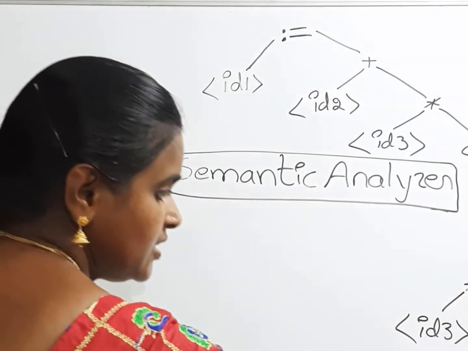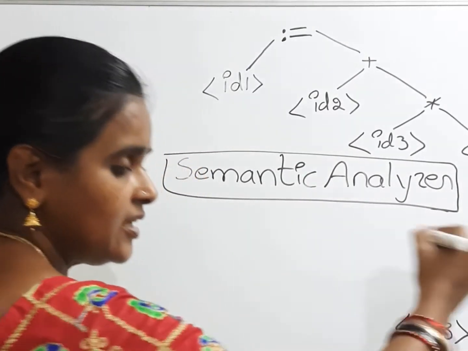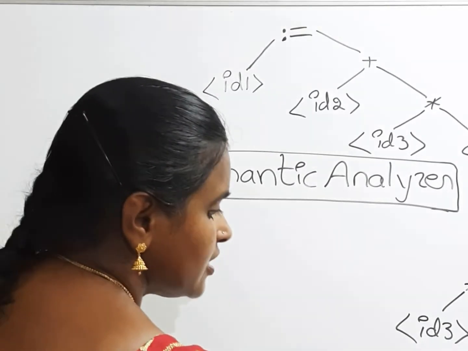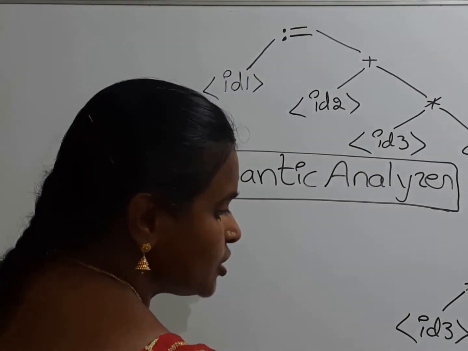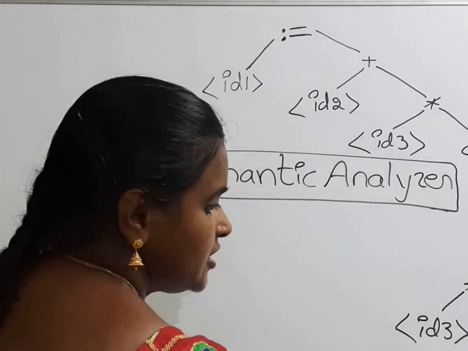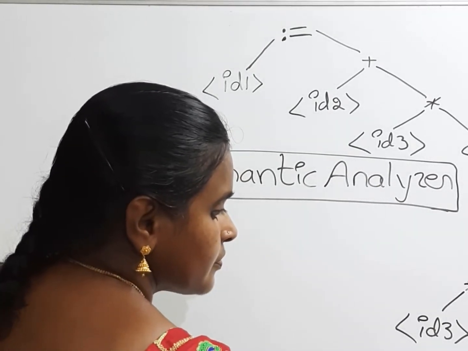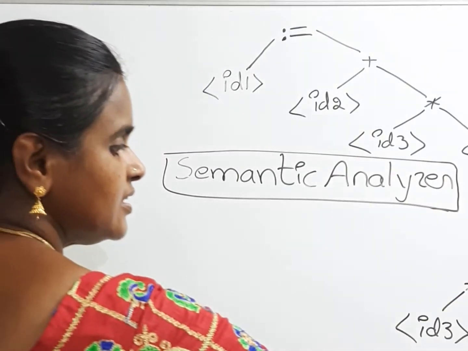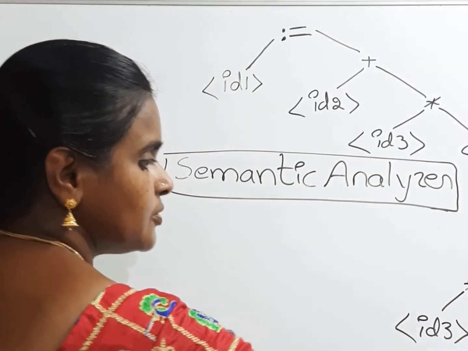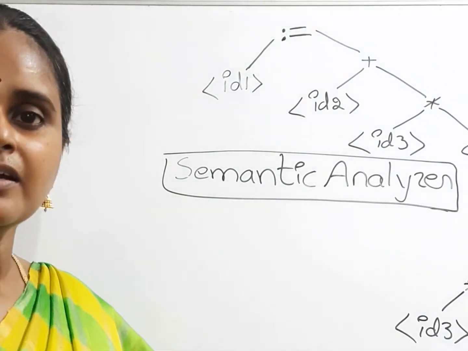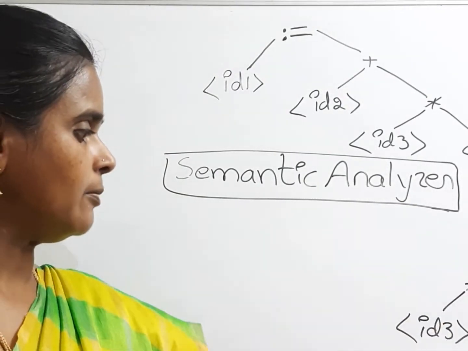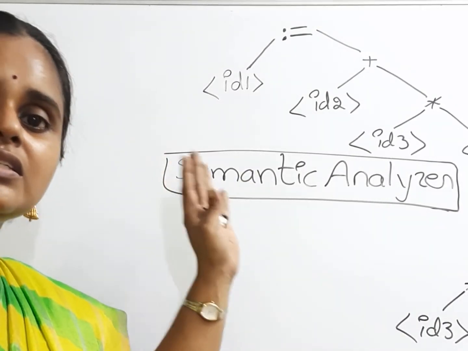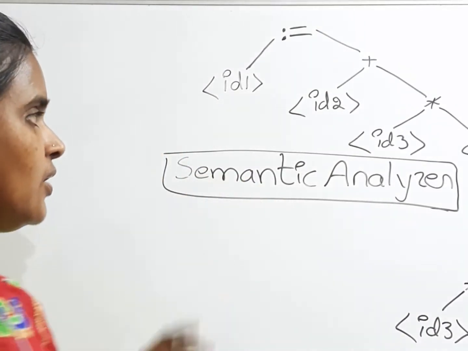The semantic analyzer converts integer into float. So one simple operation is performed, that is int to float. Then this is 60.0, right? It performs this simple modification in the entire parse tree, and the rest of the parse tree is the same as it is.